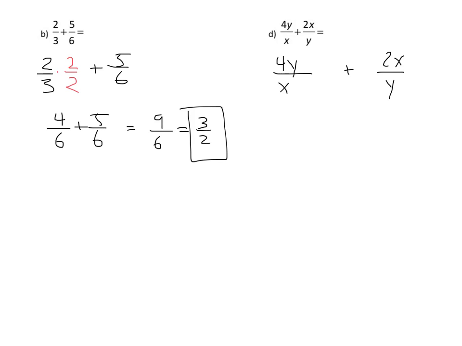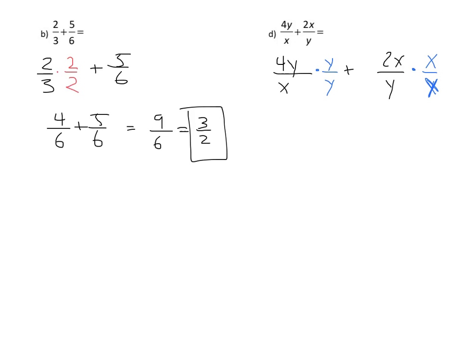So my common denominator is going to be x times y, so it has both factors. So I multiply the first fraction by y over y, and I multiply the second fraction by x over x, same thing over itself. That will make the denominator for both x times y.